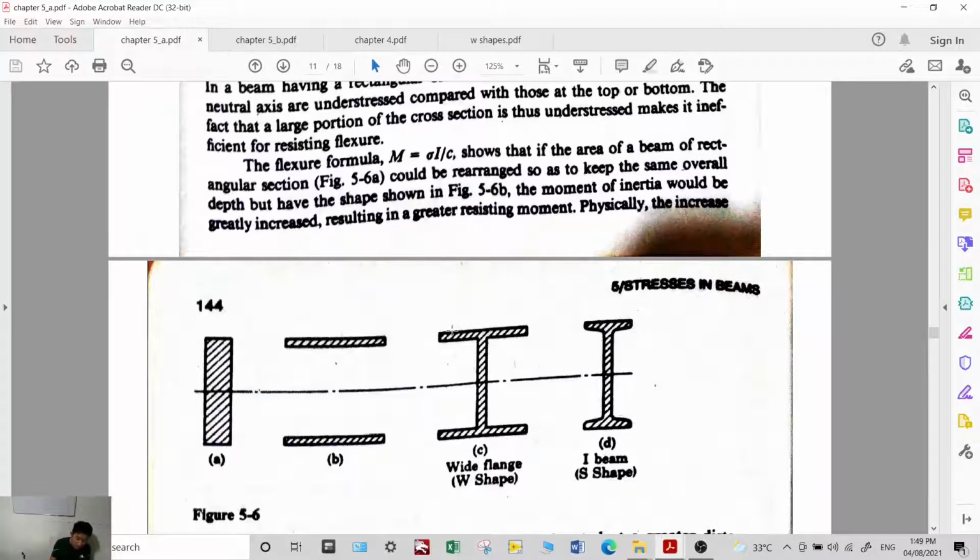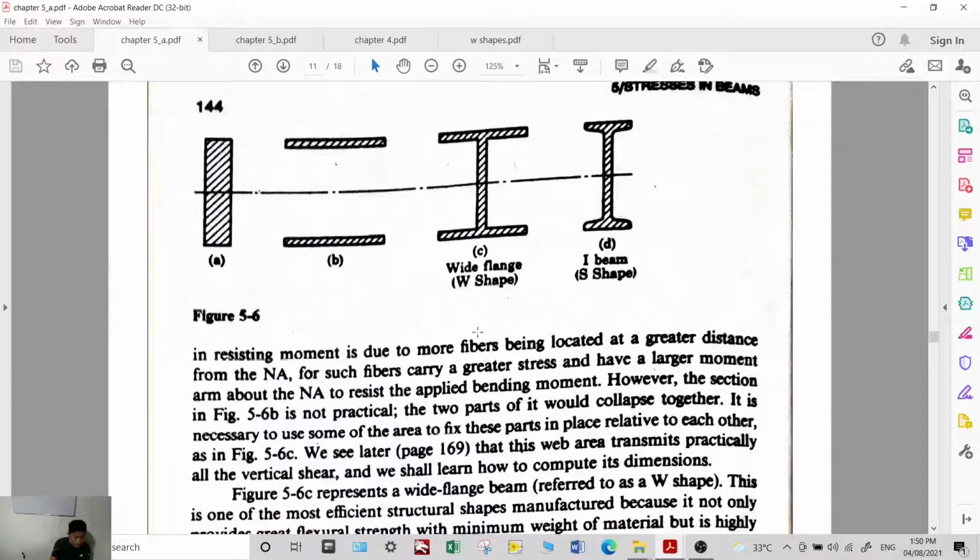The moment of inertia is the integral of y squared dA, so the distance is squared, and the material becomes lighter.